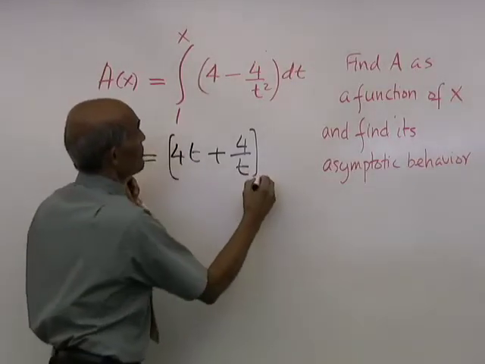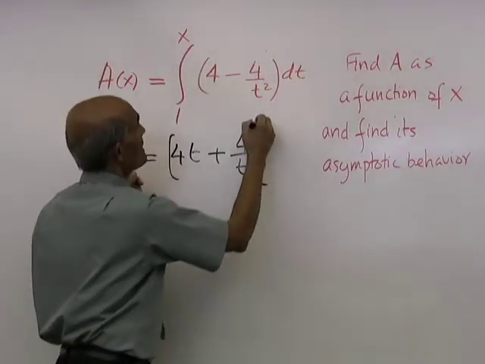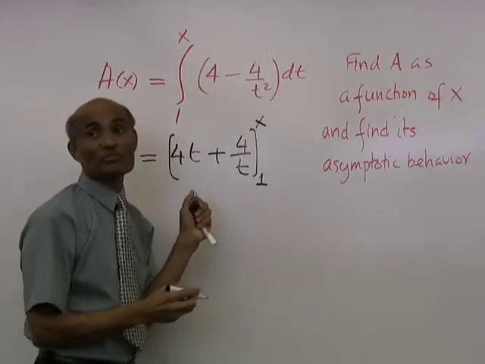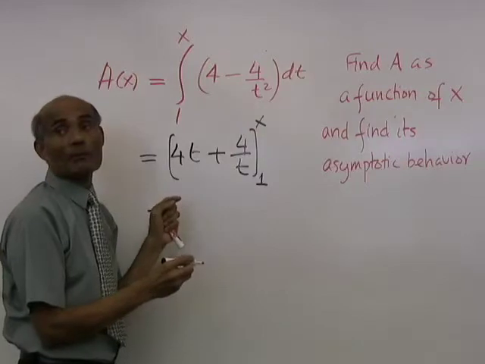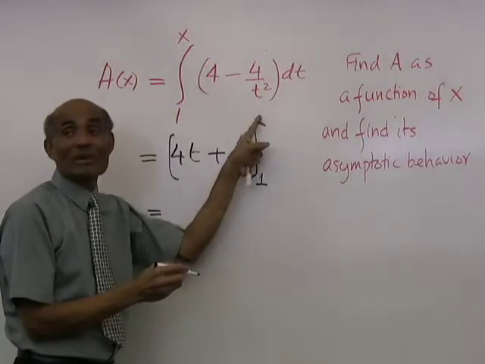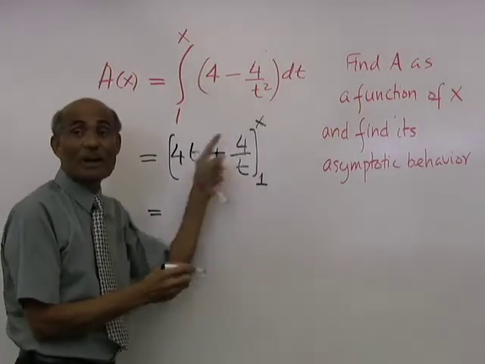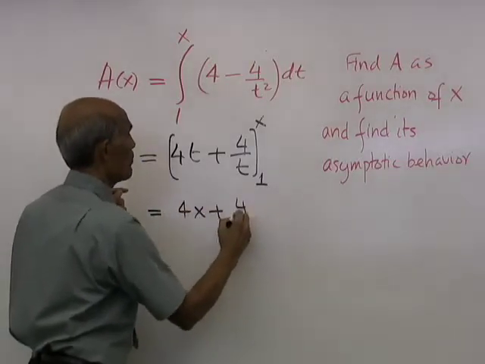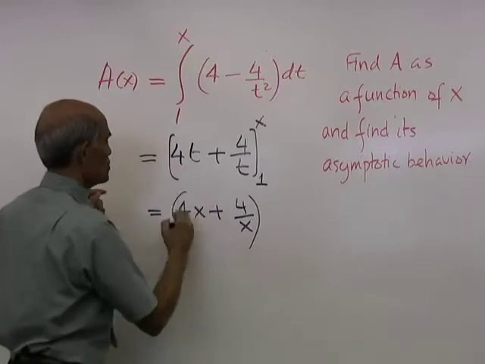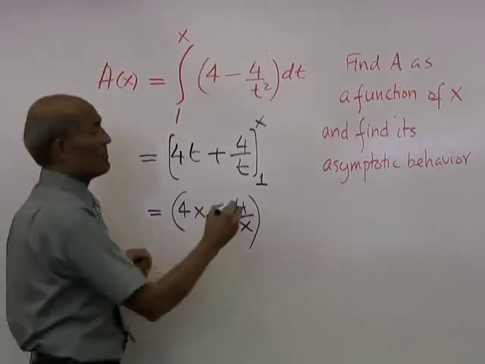And what are the limits? The lower limit is 1, the upper limit is x. Let's apply the limit. Putting t equal to x, replace your t by x. It will give you 4x plus 4 over x. That is the upper limit value.